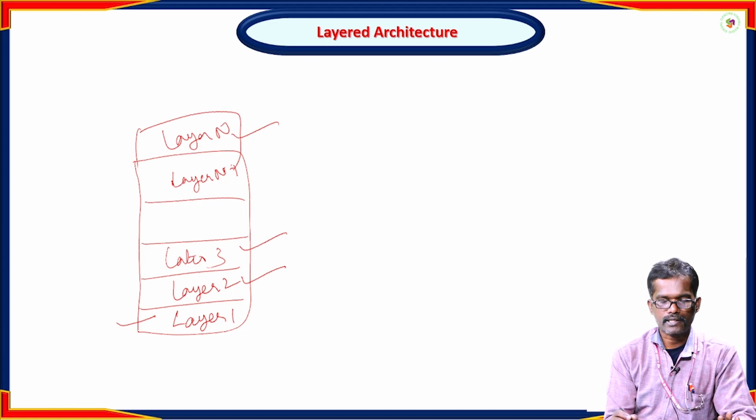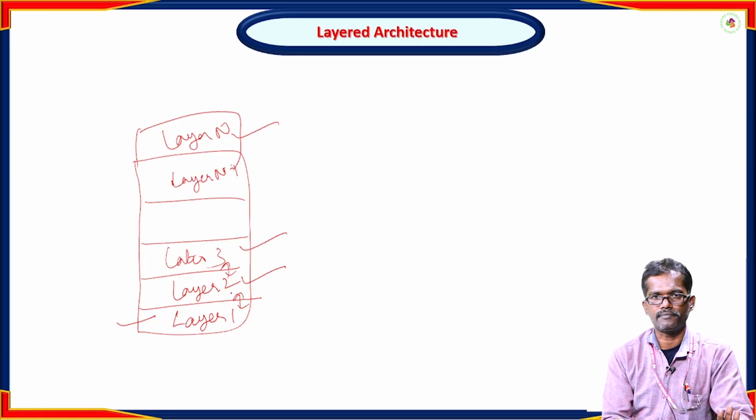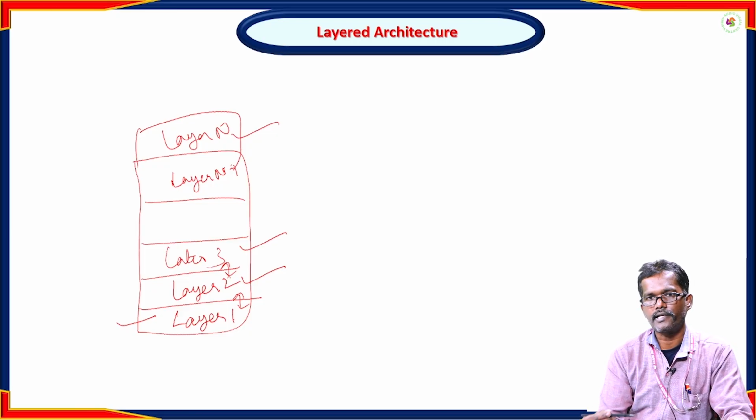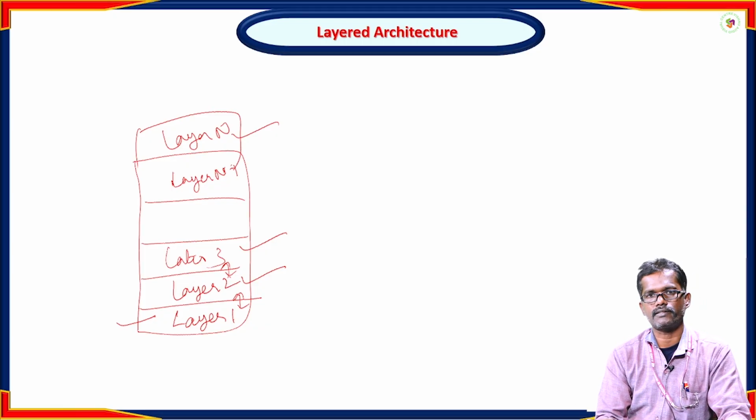For that, layer 1 needs to interact with layer 2, layer 2 with layer 3, layer 3 with layer 4, up to n. Each layer interacts one by one with the others. That means they share information within the loop, and they can provide and access services from the other layers.